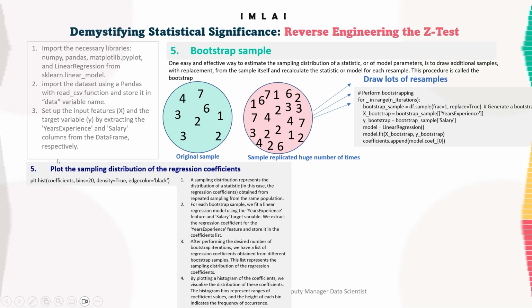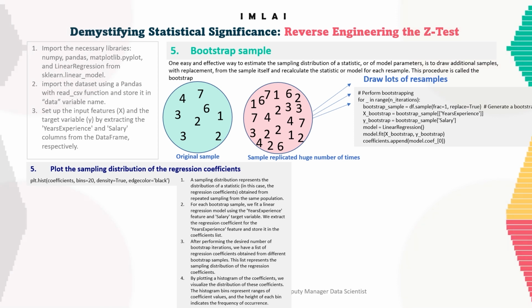Now it's time to plot the sampling distribution of the regression coefficients, because that's the test statistic here for us. This is what we call a sampling distribution. Remember the name. The distribution which is drawn from the resamples is called the sampling distribution.